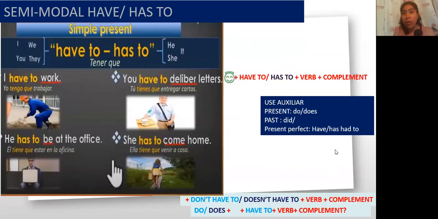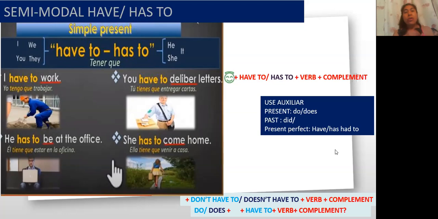Well, however, there is an exception. There are some modal verbs that are called semi-modals. The most popular is have to or has to. This modal is a semi-modal, and it is totally different from the rest of the modals.